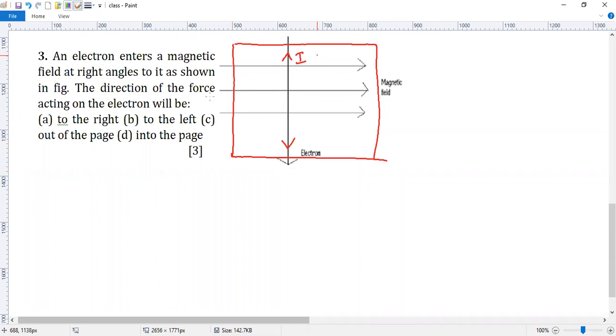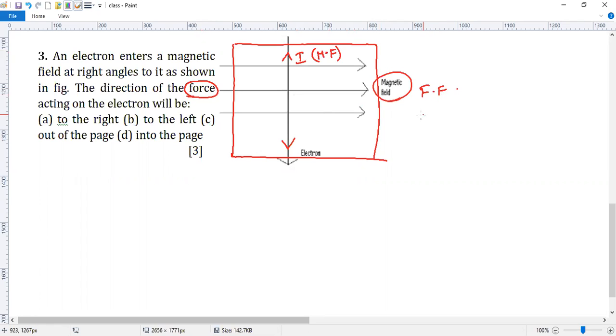So using Fleming's left hand rule only, you can find the direction of force that has been asked in the question. With the left hand, when you open three fingers mutually perpendicular, you have to make sure the current, which is denoted by the middle finger, is pointing away from you. And the magnetic field is going from left to right, so the forefinger should point left to right and the middle finger should point away from you.